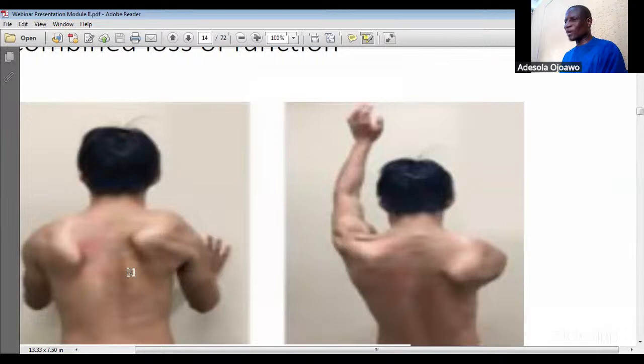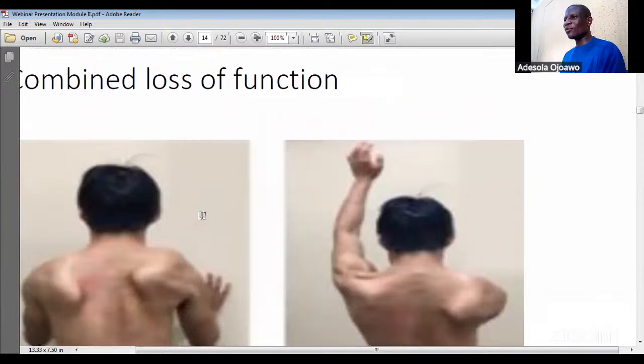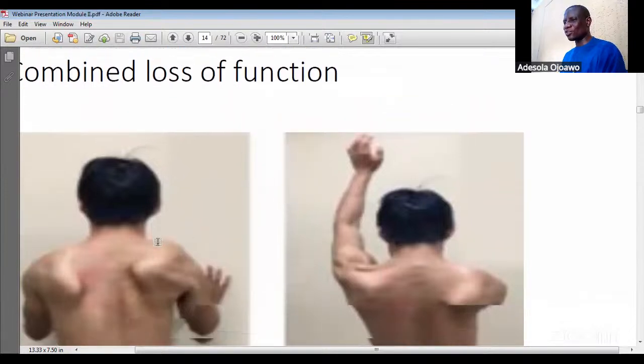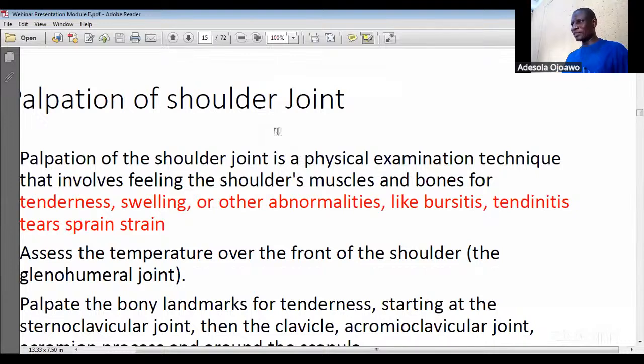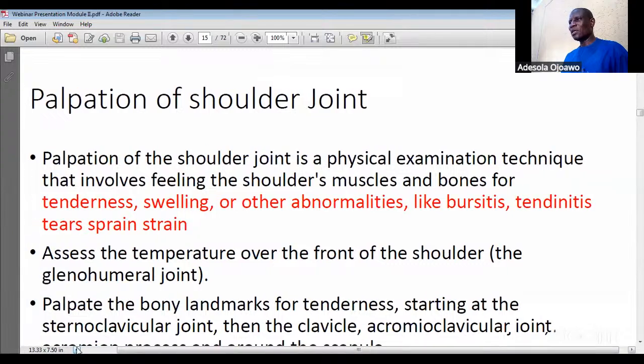So that's a problem. This is what you have here as well. We call it combined loss of function. Combined loss of function means scapular dysfunction in addition to some other dysfunction. All of those are what you have to document and try to see what you can do. When we get there, we are going to see more. Come in one minute.